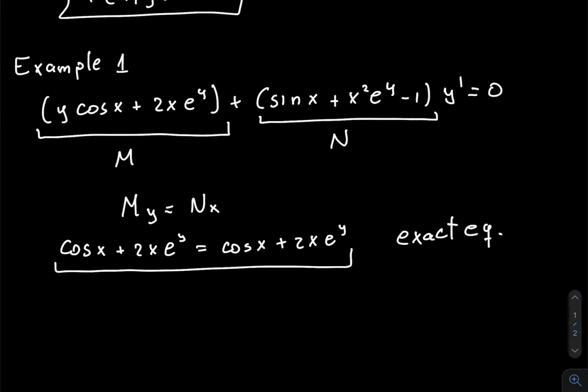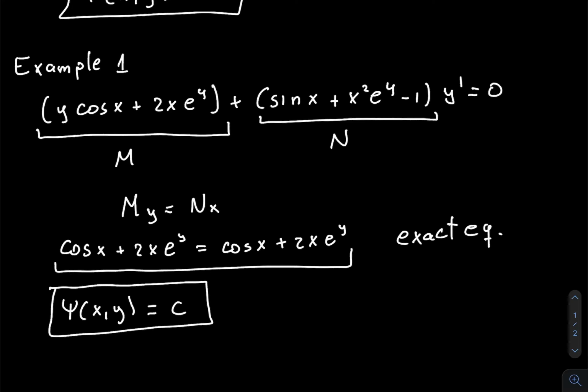Therefore we can find a function psi that depends on x and y, where this function will be equal to a constant c, and this function will be the solution of our differential equation. But now let's jump to the step where we find the function psi. How do we find psi?